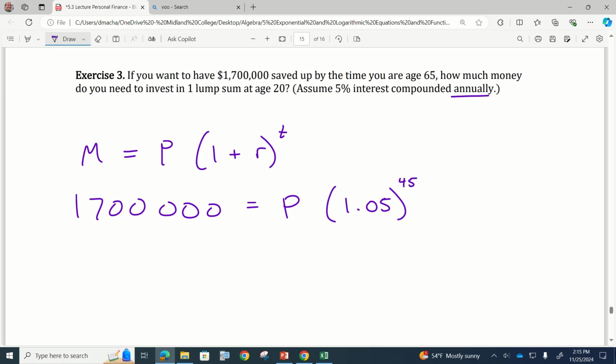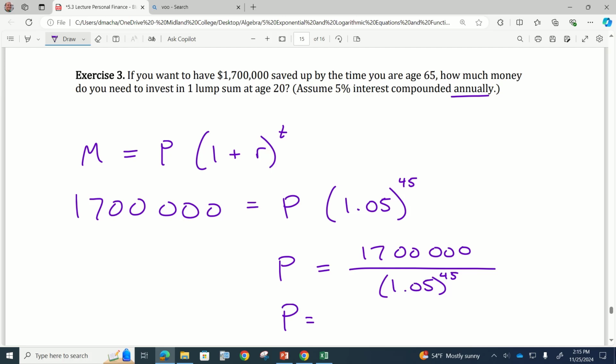45 years are going to pass, and so what is $1.7 million divided by 1.05 raised to the power 45? I actually don't know this number, so I need somebody to put this in your calculator and tell me.